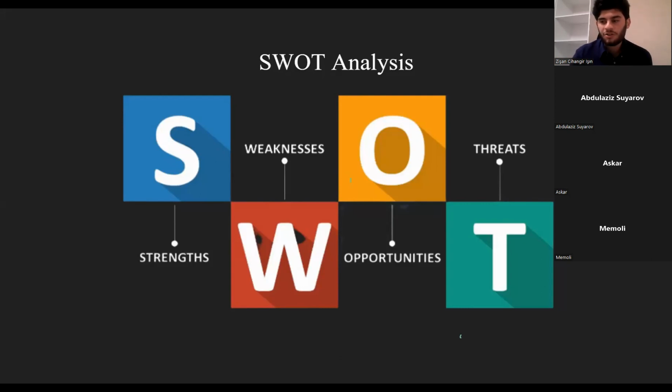In every project you want to make, or in possibly investor presentations, every person requires a SWOT analysis from you to see if you know your strengths, weaknesses, possible threats or possible opportunities of your business or your idea or your project before entering a market or starting a project.